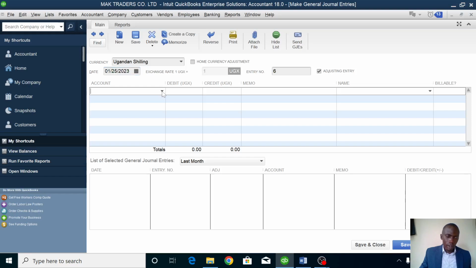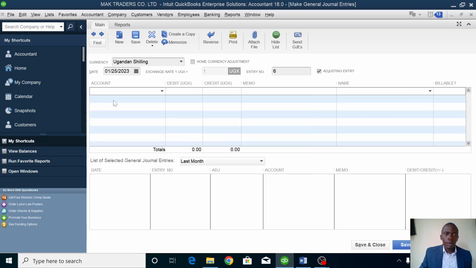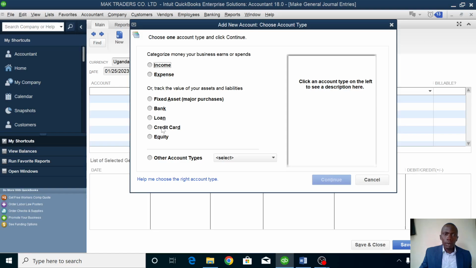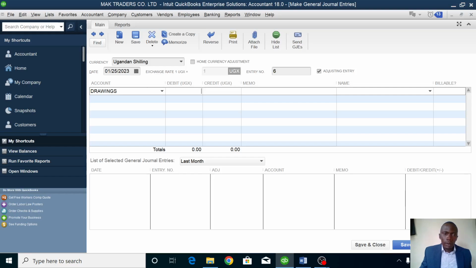We shall debit our drawings, which is under equity because it reduces our equity. So it is drawings, save. The amount was 500,000.